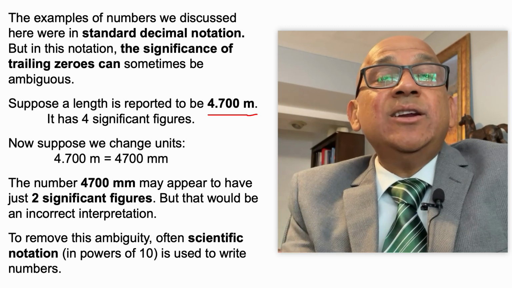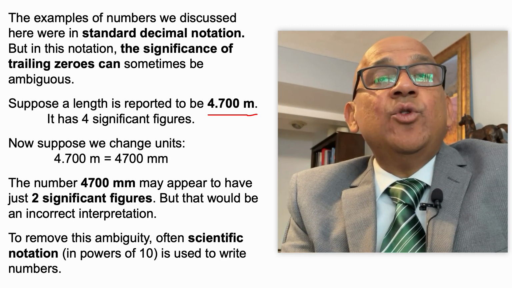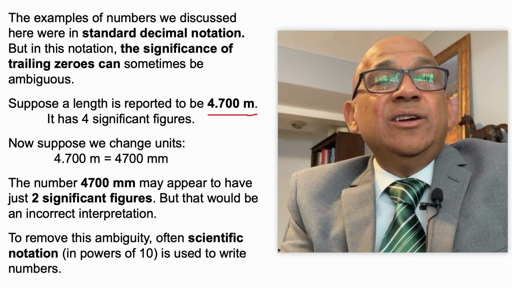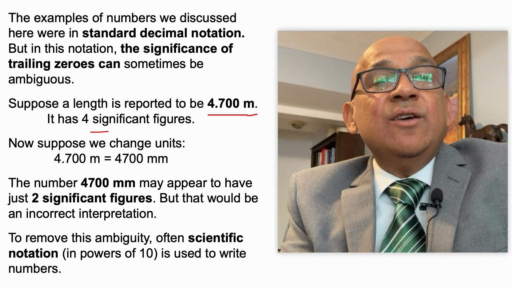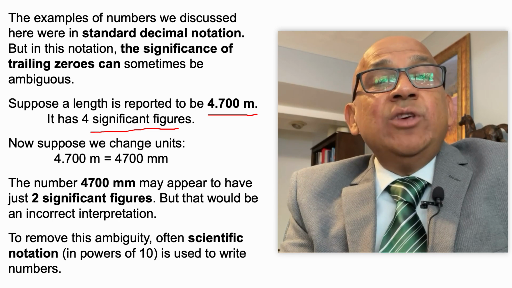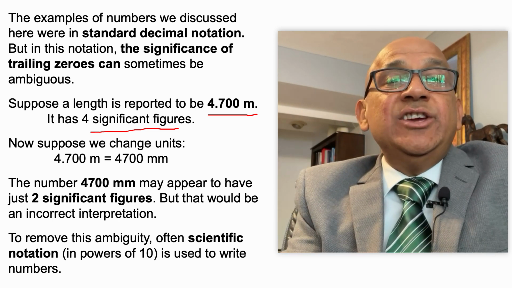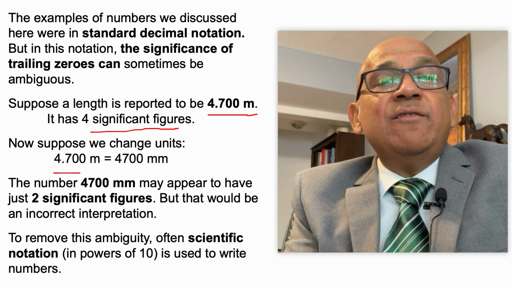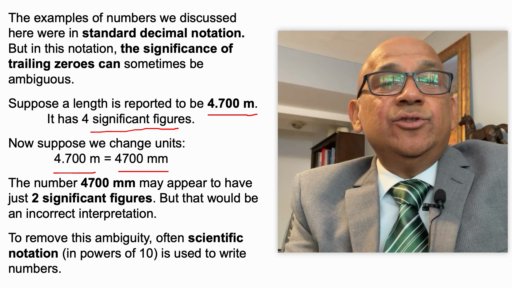You did some measurement and you found that the object is 4.700 meters. So in this number, there are 4 significant figures: 4, 7, 0 and 0. Now suppose we change the units. We change meters to millimeters. So we can write 4.700 meter same as 4700 millimeter.